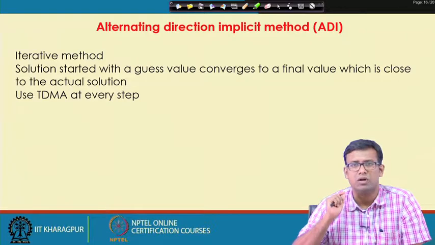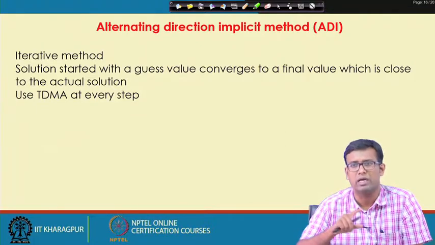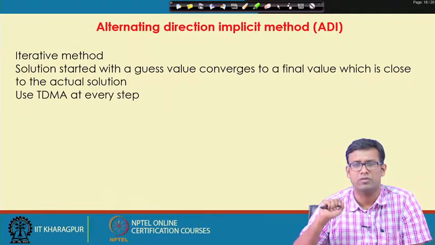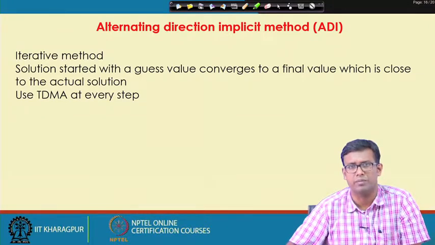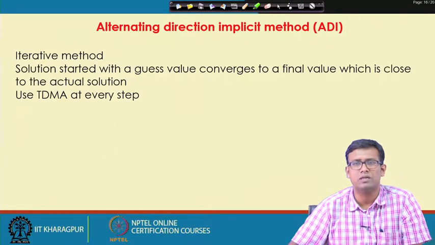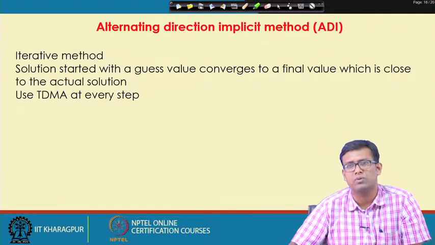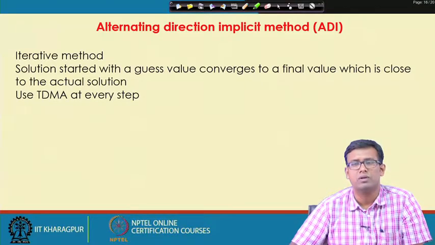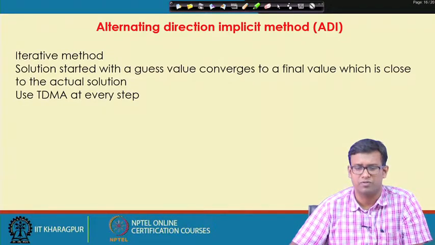Each line is solved in one go using TDMA in just n number of steps, if n are the points here, and then we are iterating over the lines, and we are changing the direction of relaxation, etc. So, it is an ADI method. However, this is a faster method compared to Gauss-Seidel or Jacobi, because the use of TDMA makes updating the solutions along one line much faster.